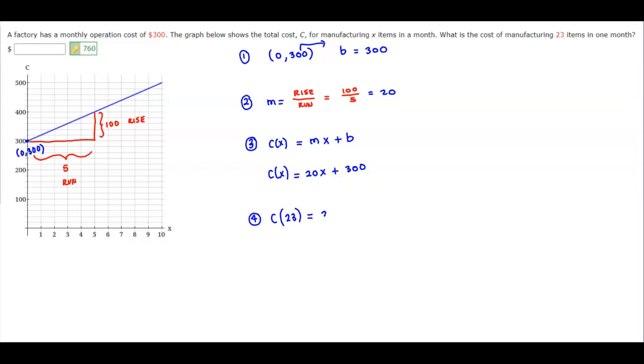If we plug that into our model, it's 20 times 23, and then we add 300. So what's 20 times 23? Well, that gives us 460. And then if we add 300, it gives us 760, which is our answer.